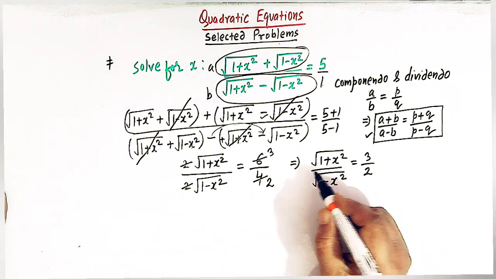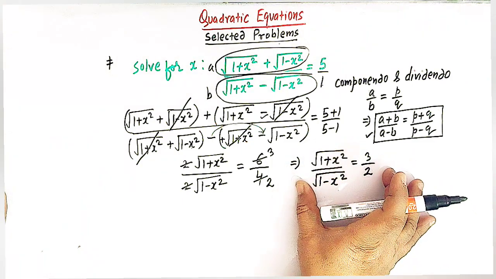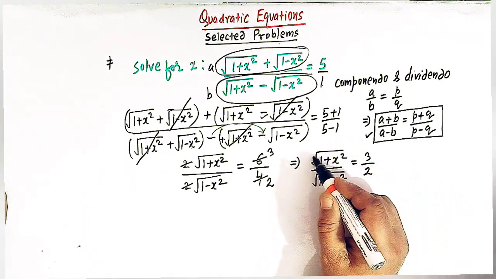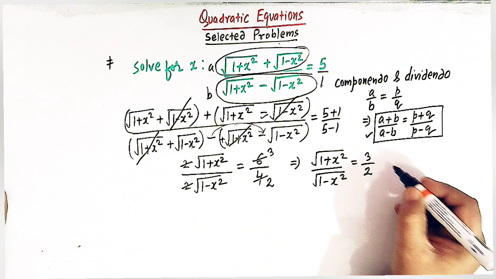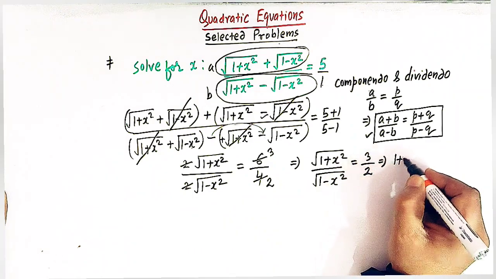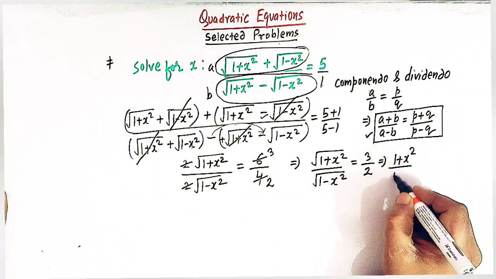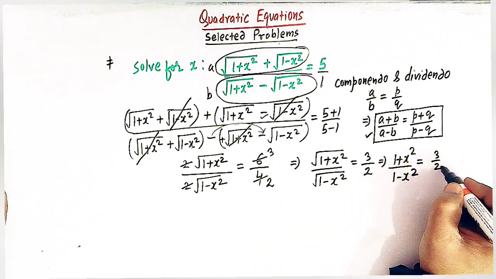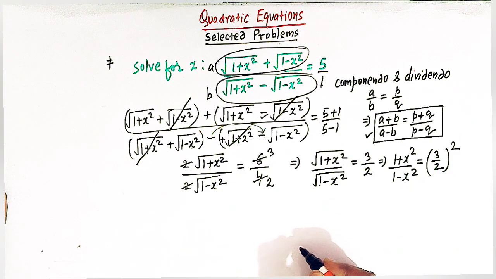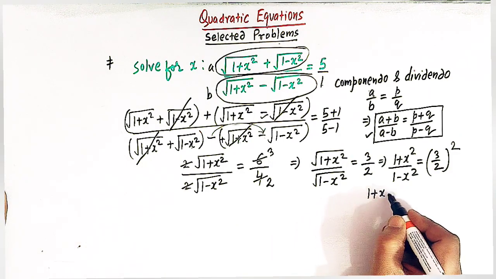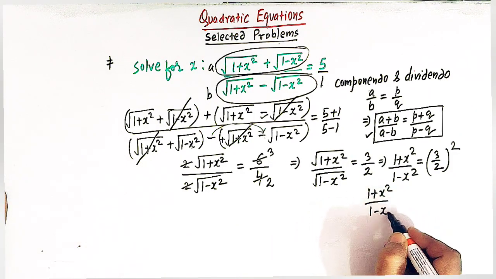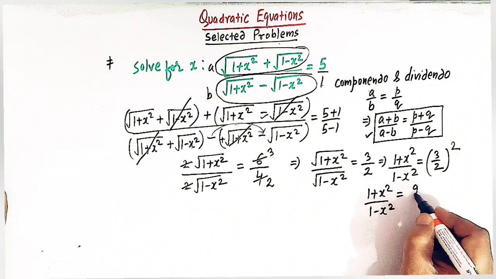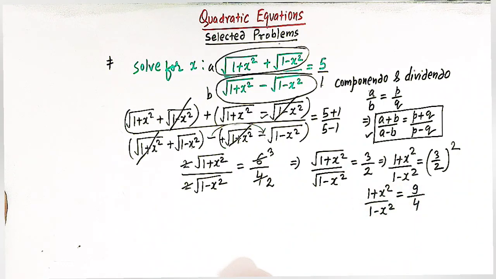Now let us square both sides so that we can get rid of the square root sign. So we have (1+x²) over (1−x²) equal to (3/2) whole square, which is 9 over 4, right?